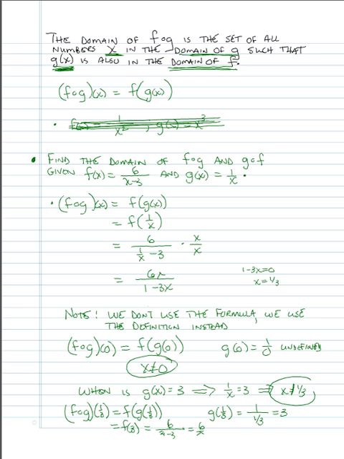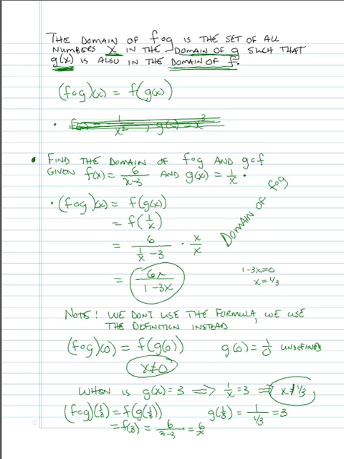Okay, so we have to have an x that g of x makes sense, and we have to have an x that g of x can be used in f. In this case, g of x can't be the value 3. So for our domain of f composed g here, we didn't look at this bottom line, although that gave us part of it.